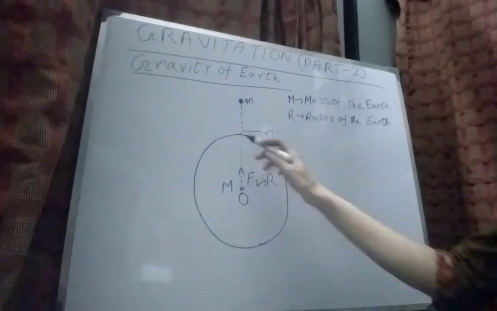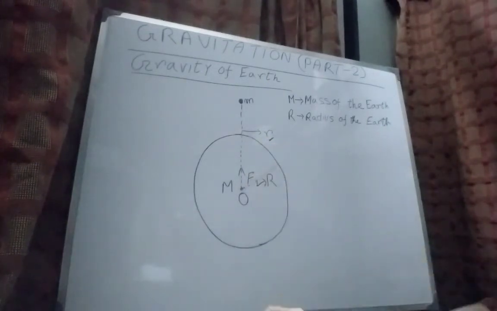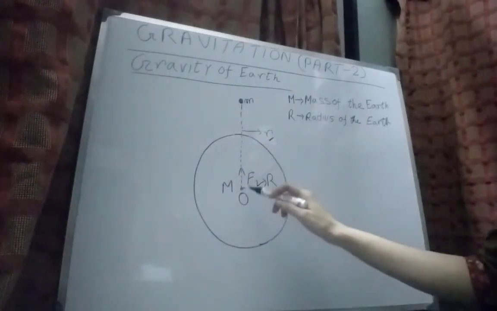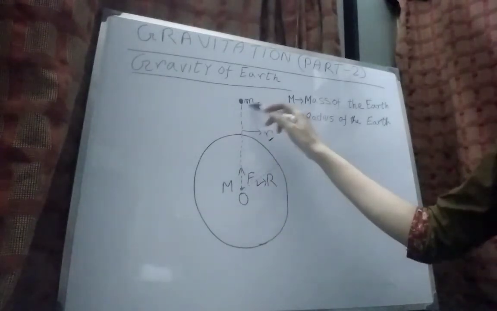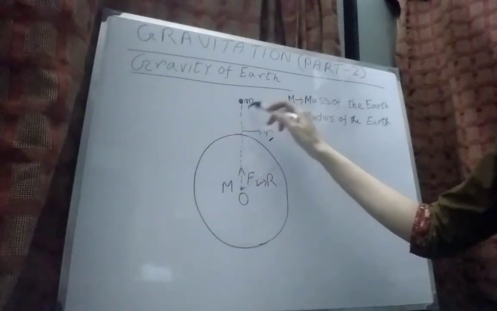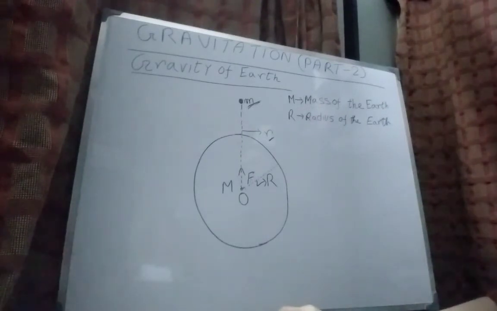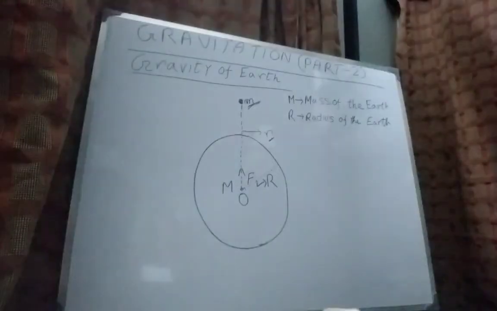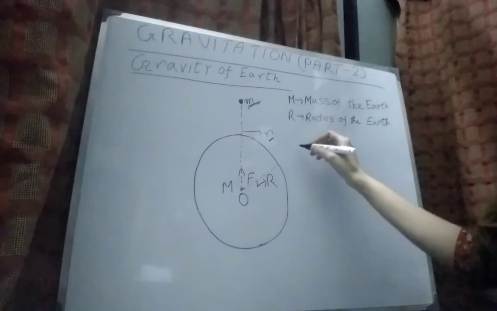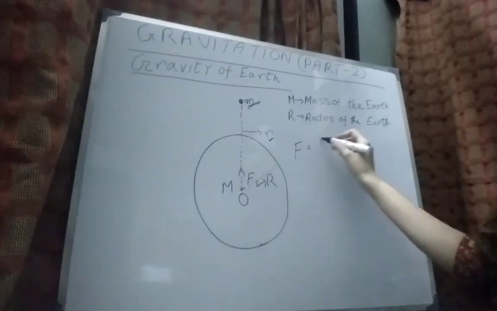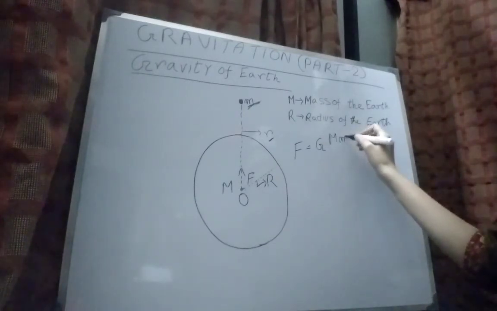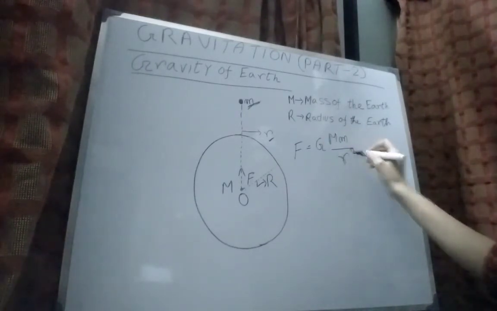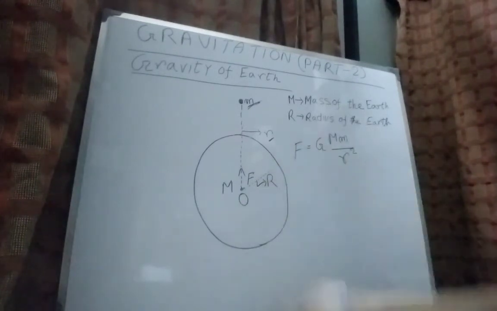Actually, gravity is the pulling force of the earth towards its center, and due to this force an acceleration is generated in this object, which is called acceleration due to gravity. And we all know that according to the gravitational law, F equals G M m by r squared, and this r is the radius of the earth.